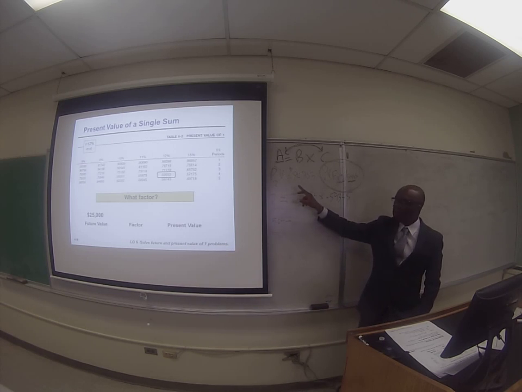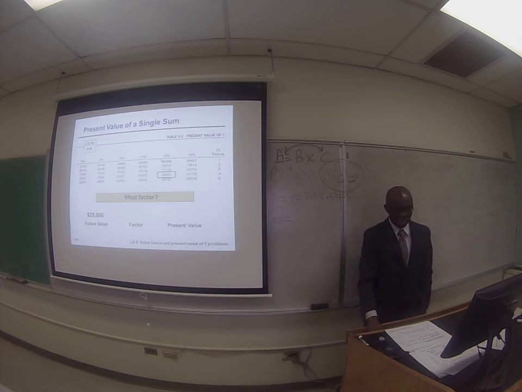So the 25,000 has to be future value. C has to be the present value interest factor. All right. So in this case, 12%. We are compounding it annually, so that will give us 4 periods. Here is the present value interest factor.